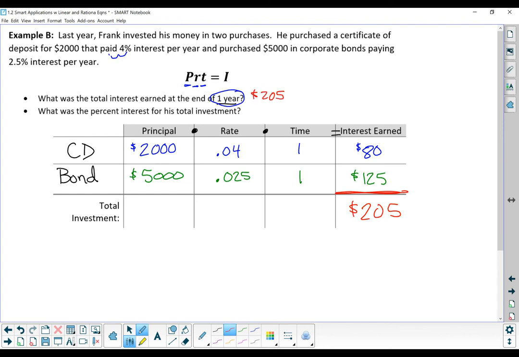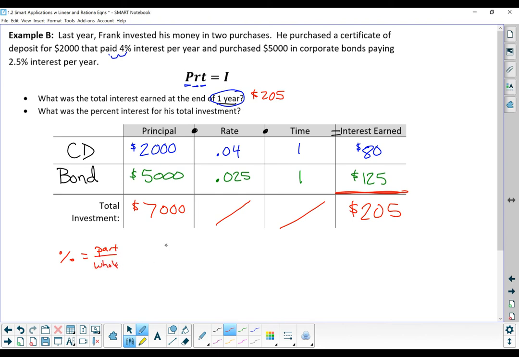And then it also asks what percent interest was he earning on his total investment. Well, we can't add percentages or rates together, and this was concurrent, so we definitely don't add time together. It was the same year. It's not 2 years now. But we definitely can add up his total investment. His total investment was $7,000. So if we want to calculate his percent interest for that total investment, for calculating percents, you're going to do part over whole.